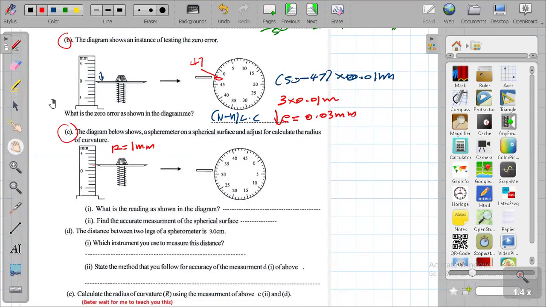Oh no, this says half millimeter, no? But this scale is given in millimeters. I don't know why this is so lame. It should be half millimeter according to the description. I can take it like 0.5 millimeter then. The circular scale reading is 31. 31 times 0.01 is 0.31 millimeter.